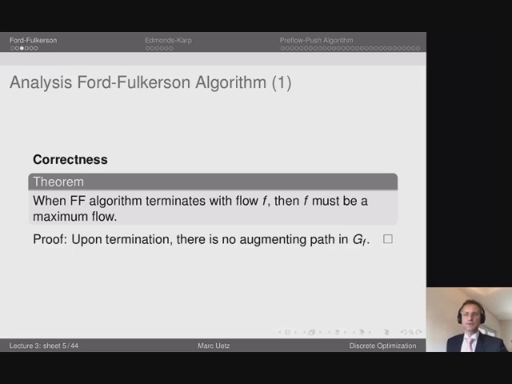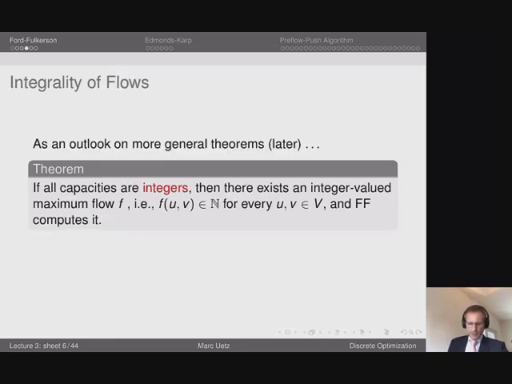What happens if the input to the problem is only integers? That means all the edge capacities are integer numbers. Well, then, if all the capacities are integer numbers, I claim there exists an integer valued maximum flow. Why is that? Well, the Ford-Fulkerson algorithm actually computes it, right? Because we send flow along augmenting paths.